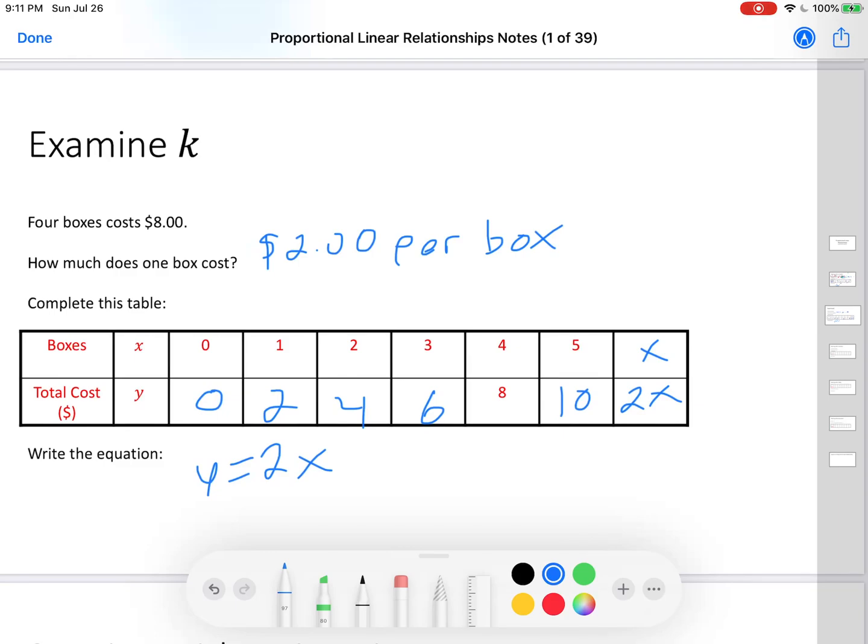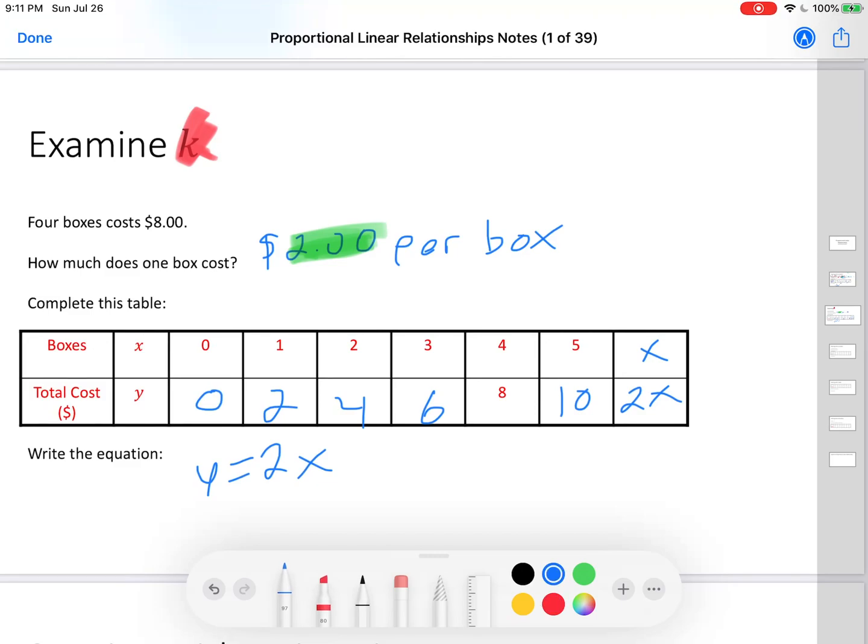As you can see, the relationship hinges on the number 2. 2 is important for this. 2 is the number that forms the linear relationship, the proportional linear relationship. It's very important. It is so important that mathematicians have given it a name. And the name that they've given it is k.